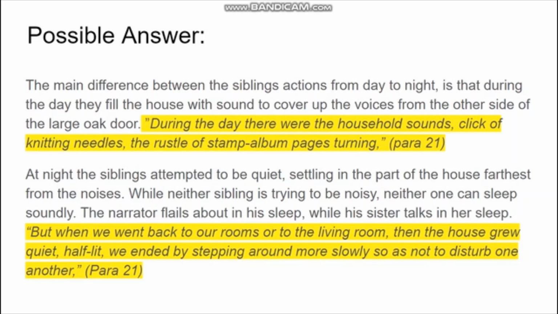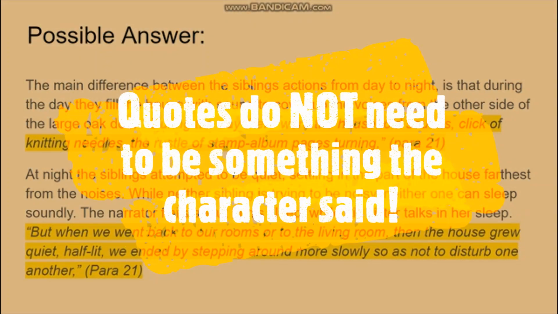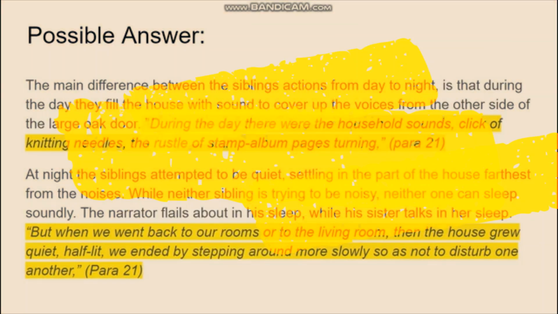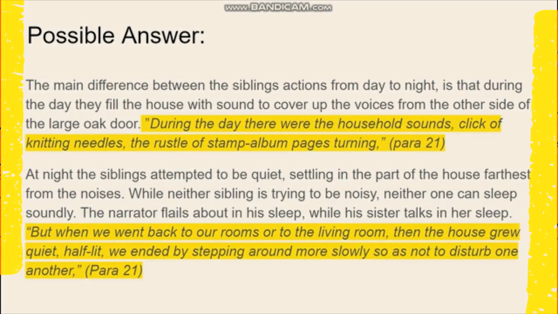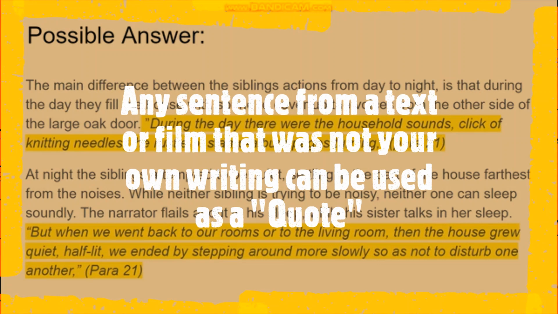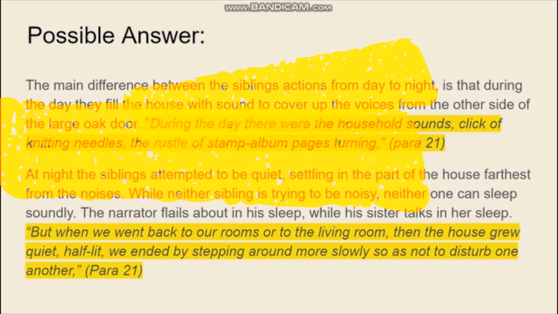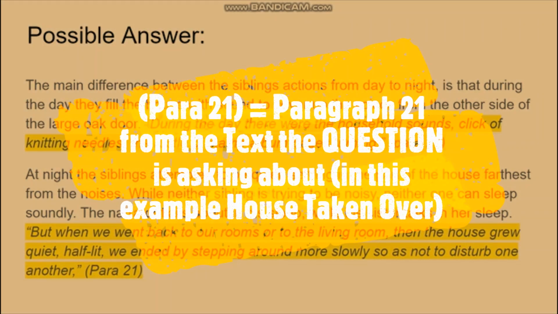It does not need to be something that a character says explicitly to someone else to be considered a quote. We just mean any sentence that comes from any text that you yourself did not write. And of course I'm giving credit by putting para 21, which is for paragraph 21, so you guys can go back and find that specific sentence if you so desired.